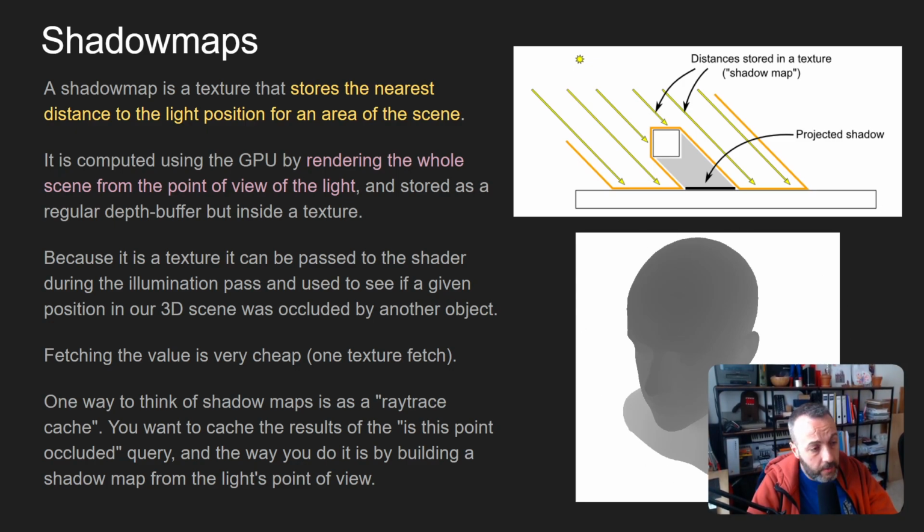Once we have this depth buffer, we keep it in memory, and then we go to the next step, which is when we render the illumination pass. For every pixel of the scene, I know the distance of this pixel to the camera very easily. But what's the distance of this pixel to the light?